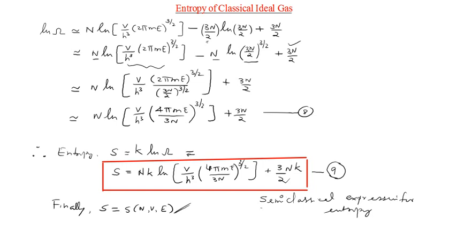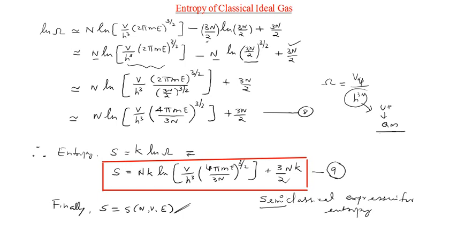Why is it semi? Because our ideas are not purely classical. In between, in the counting of omega, we have used the phase space volume, that is equal to the integral of dq dp divided by h raised to 3n. And where does this h, Planck's constant, and h raised to 3n, the minimum phase space volume, come from? That came from the uncertainty principle, which was an idea shared by the quantum mechanical consideration.